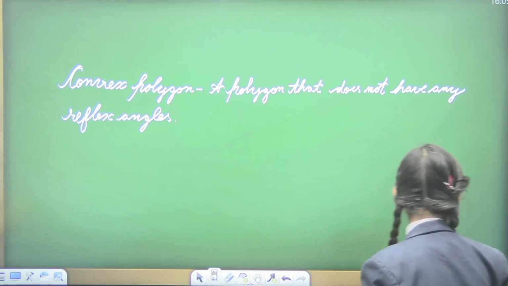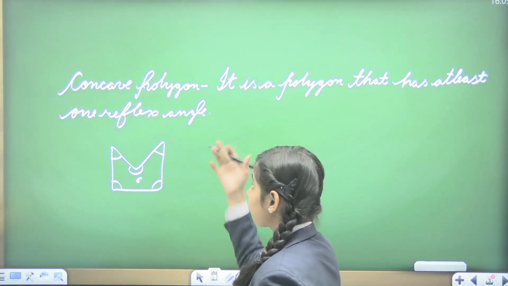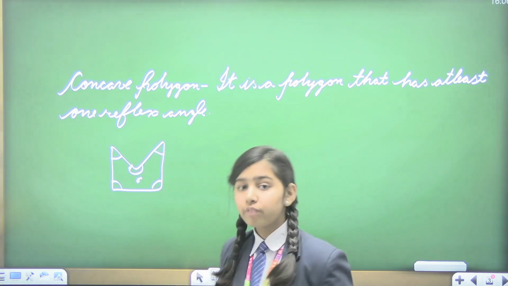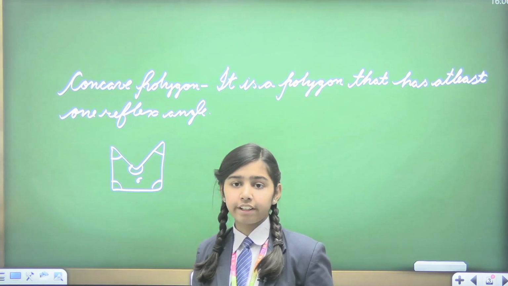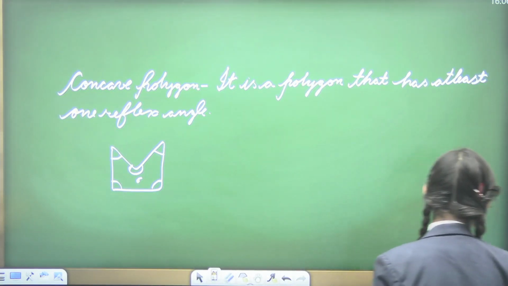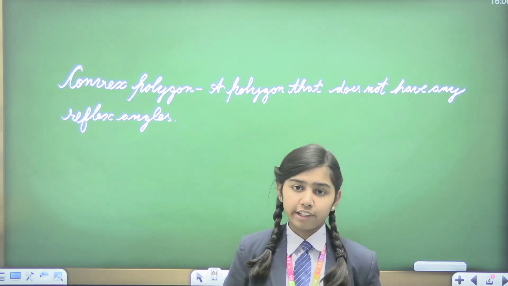Like in a concave polygon, there is an angle that is more than 180 degree or 180 degree. So a convex polygon does not have any reflex angles. And then there is regular polygon.